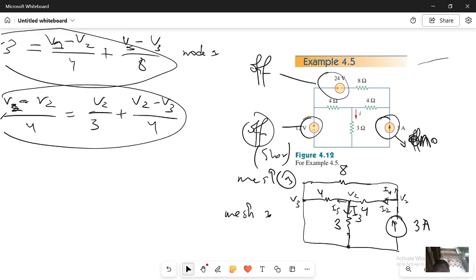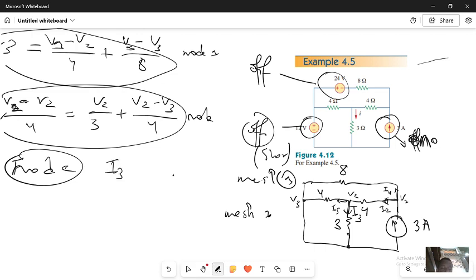So you have this in node 2. Now you find the value of V2 so that you can get I3.